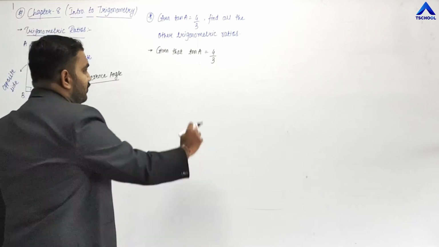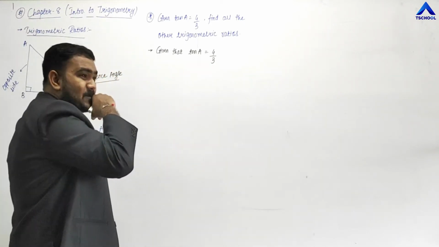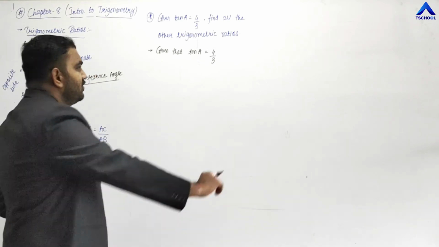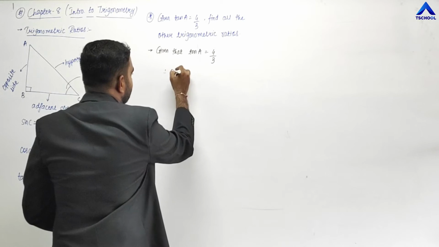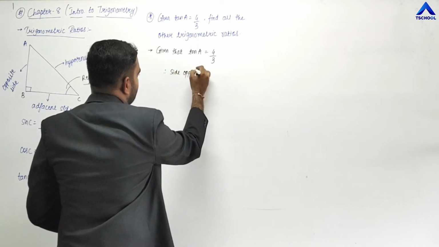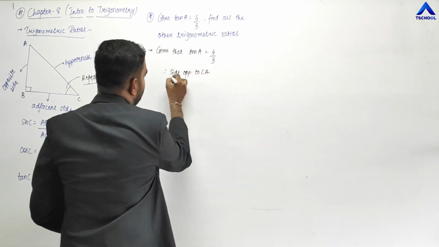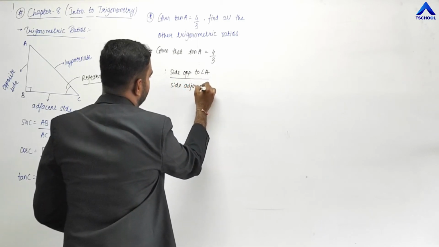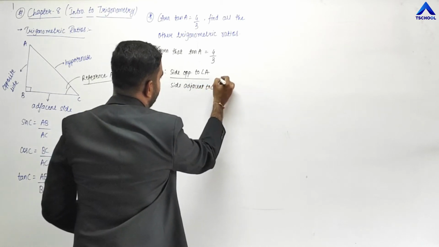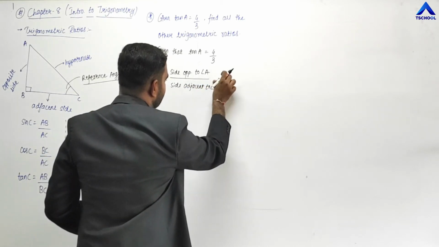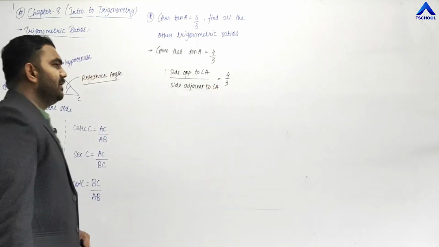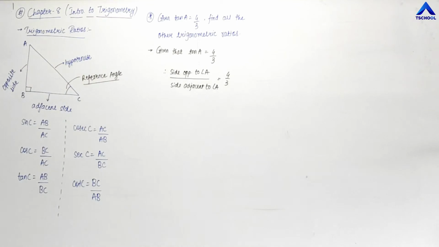Now friends, this is a ratio, and as we have seen in the trigonometric ratios, tan is the side opposite to angle A upon the side adjacent to angle A. Therefore we can write it like this: side opposite to angle A upon side adjacent to angle A is equal to 4 upon 3.